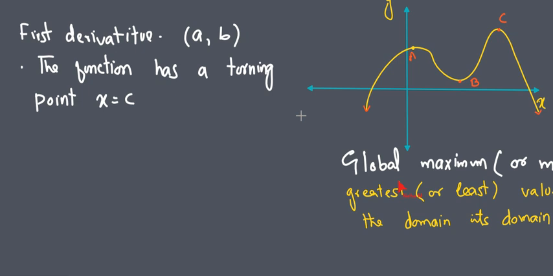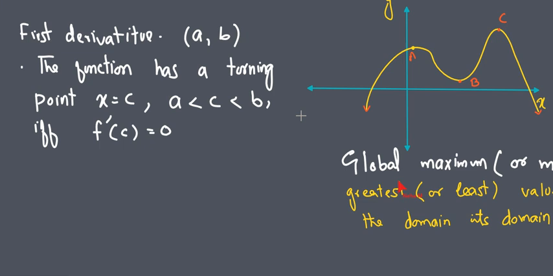At some point in the domain, we will call it the turning point, such that point C is between the domain points, between this open interval A and B, if and only if at that point the first derivative becomes equal to 0.